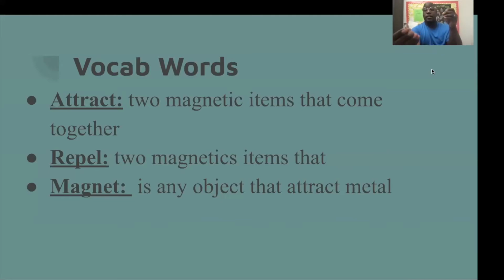But let's move to another metal object. Let's see if it sticks. Oh, it doesn't stick. So those are not magnetic. Let's go to another object, this one. You guys said that this sticks. Oh, look at that, it's sticking.